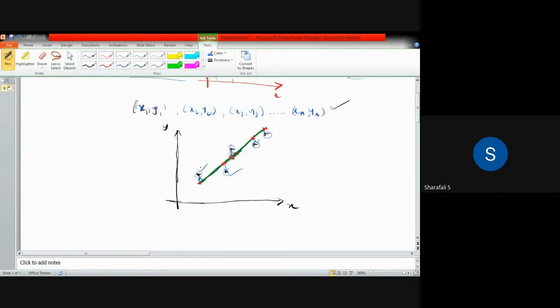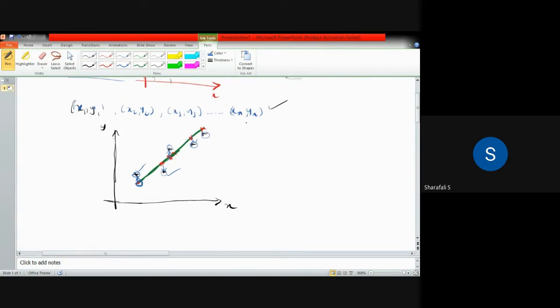And if you consider this separation between this given point and the point on the line which is used for fitting, that is the separation between the point in the fitting line and the given data point.